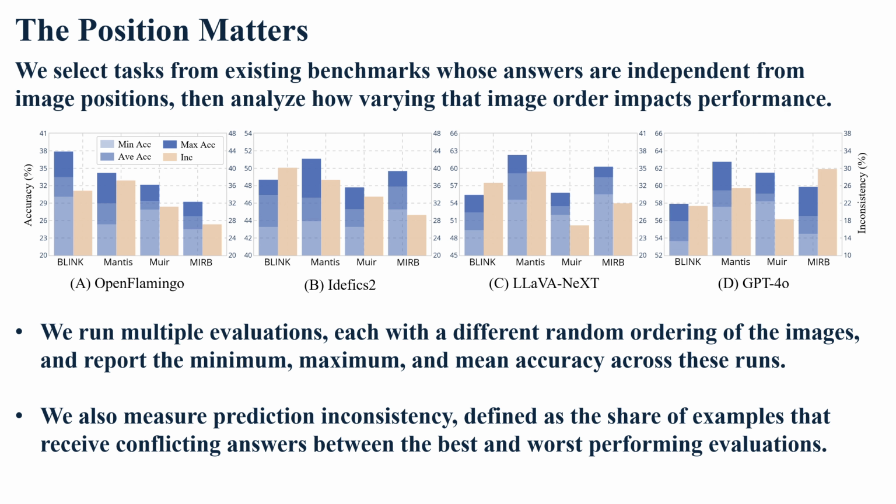We also run multiple evaluations, and in each evaluation we give the model a different random ordering of the images, and we report the minimum, maximum, and average accuracy across these evaluations. We also define prediction inconsistency, which is the proportion of examples that receive different answers between the best and the worst performing evaluations. For example, choosing A in one evaluation but choosing B in another, so the model may give conflicting answers.